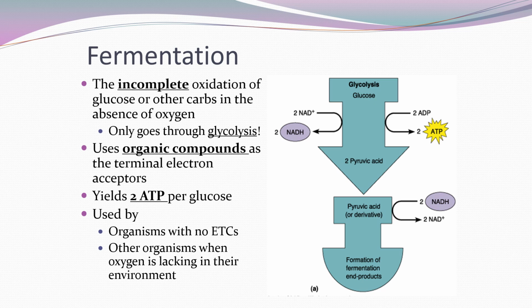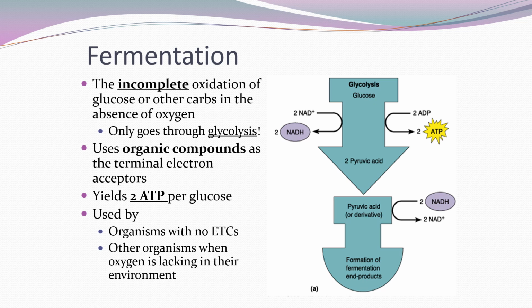But what's important to remember here is that there's only 2 ATP being produced if that is the metabolic pathway that a cell chooses. And I say choose very lightly because if you're only producing 2 ATP, why would you ever choose fermentation? Well, the answer is there's probably no other option for the cell.